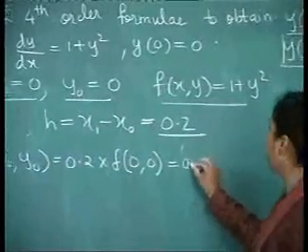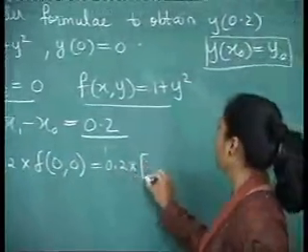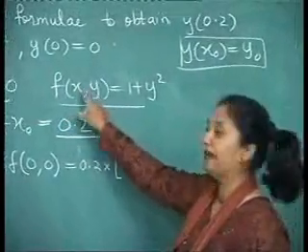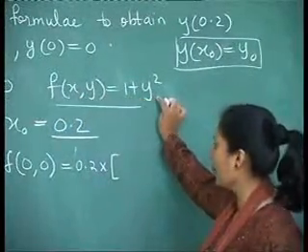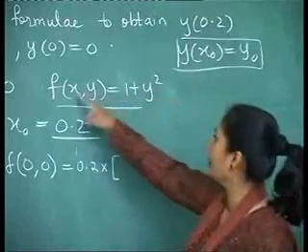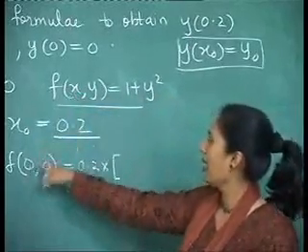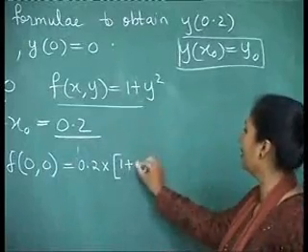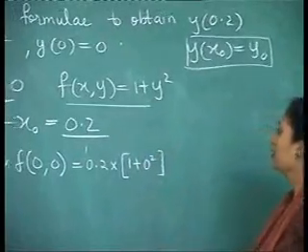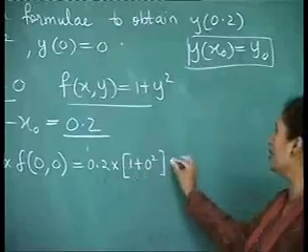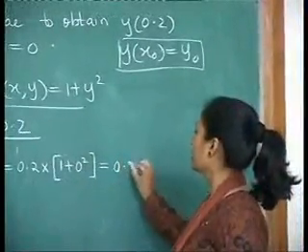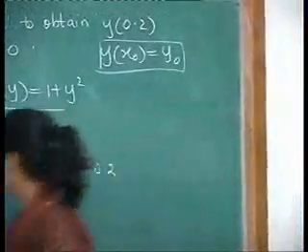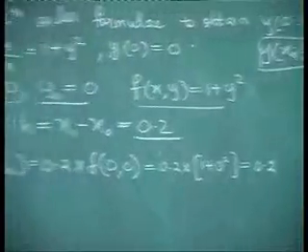So this is 0.2 into f of x comma y is 1 plus y square. So in this formula put x equal to 0 and y equal to 0. So this is going to be 1 plus 0 square. So this will be 1 into 0.2. So that is 0.2. So K1 is 0.2.